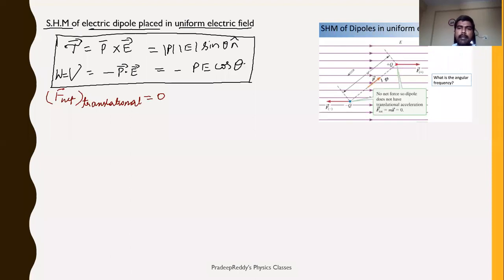As a result, the dipole cannot move in a straight line path. So remember that the dipole cannot move in a straight line path.